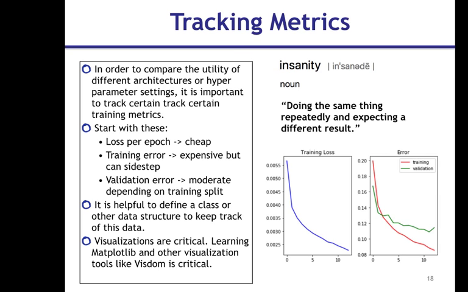Sorry to interrupt. One of the things about training error is that when people first start out, they'll think, oh man, after every single epoch I've got to run through my whole training set and then test it. And that's pretty slow. But one thing you can do, which is an estimate of the true training error, is as you train, you're going to do a feed forward before backpropagation.